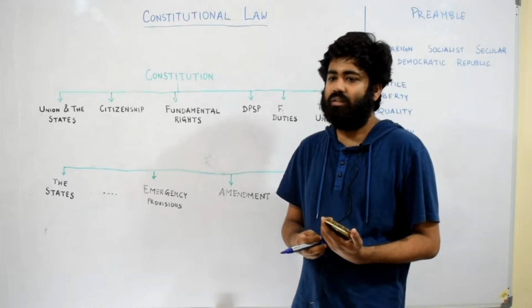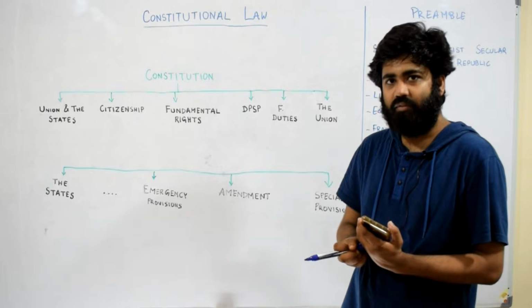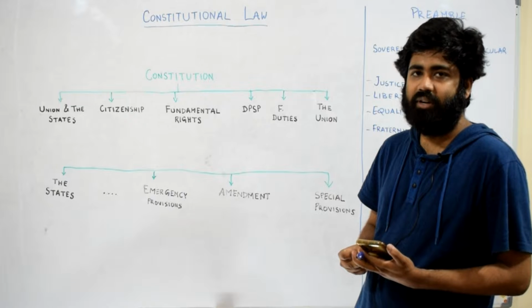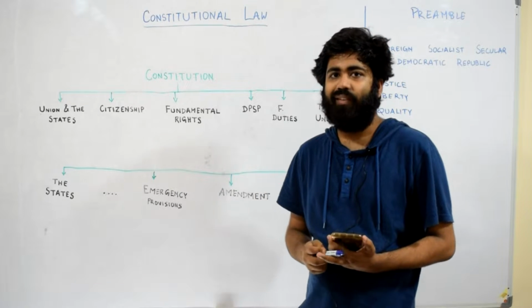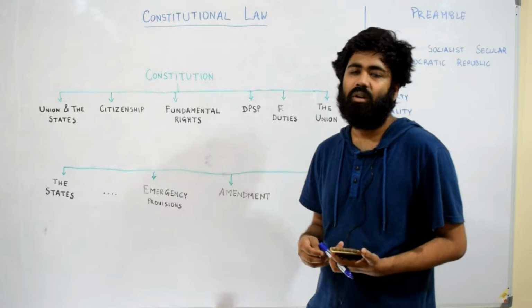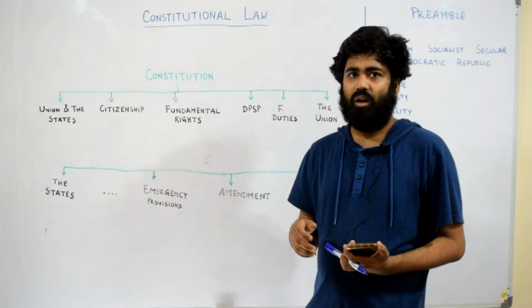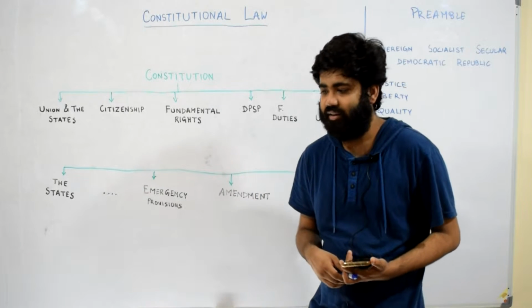The parts are the collections of operative provisions which tell what is to be done in what manner, and the schedules are lists of entries which tell the government which entry should be treated in which manner. So we shall come to all of that later.